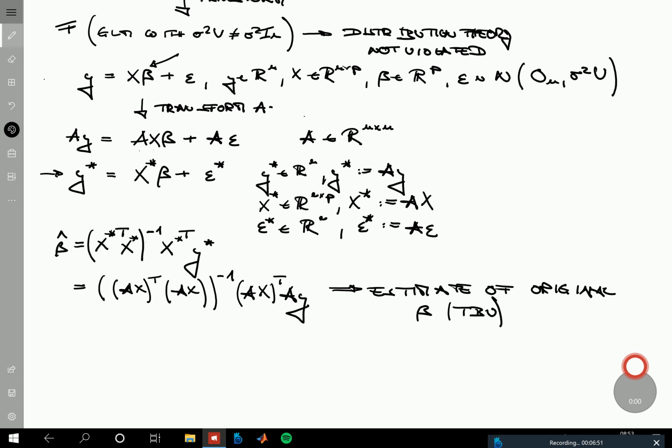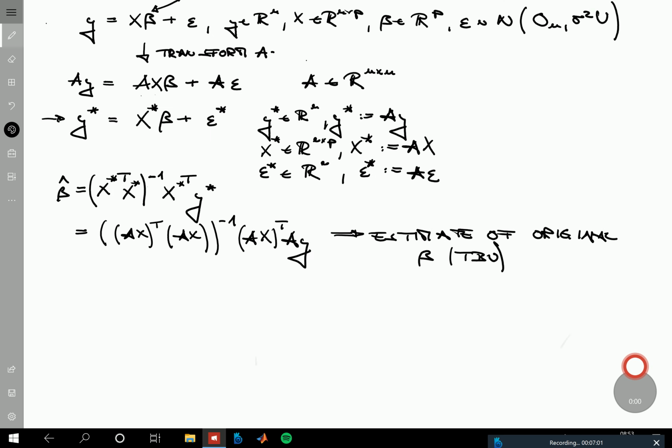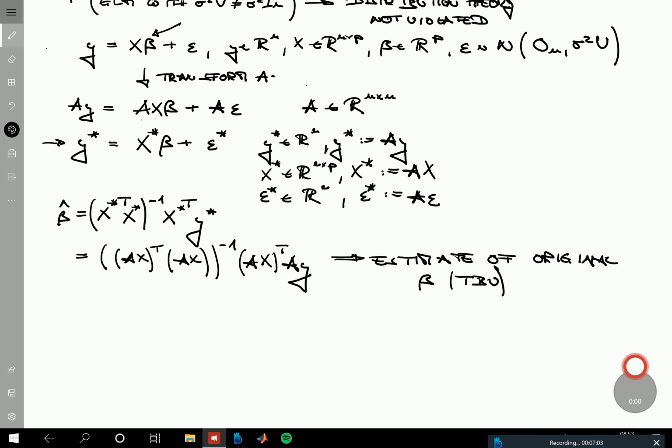Now we haven't said anything about the form of the matrix A. And of course, we want to choose the matrix A in some way that the covariance matrix of this is not affected by the non-spherical errors, by the correlations in the errors.